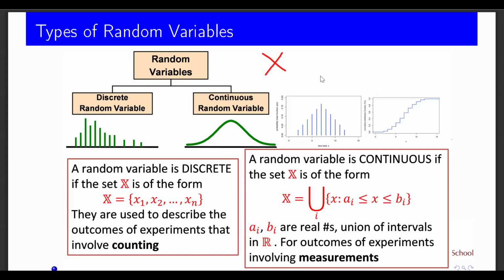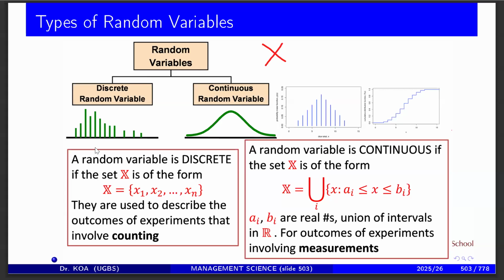The discrete is like goals scored in a match, for instance, and the continuous is maybe taking the height of a certain group of people, or weights, for instance. Excellent. So you can see that because the discrete are countable, you have them, even in their distribution, but a continuous is a smooth curve because there are multiple possibilities.